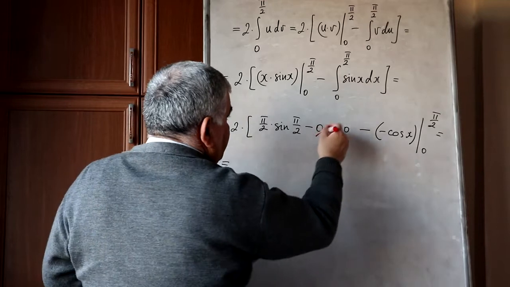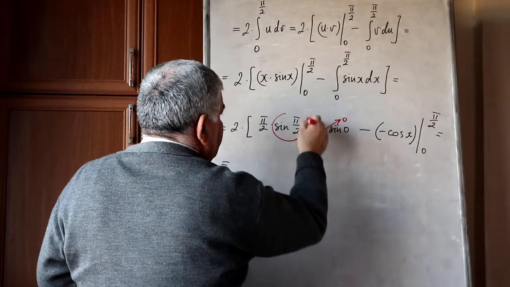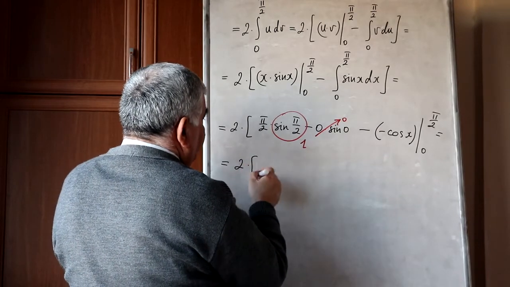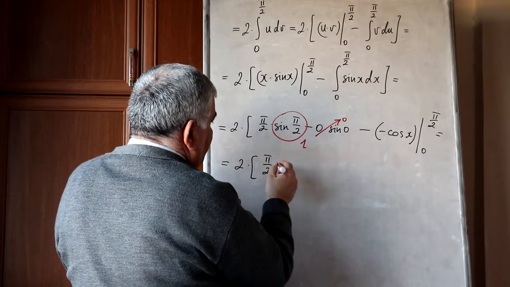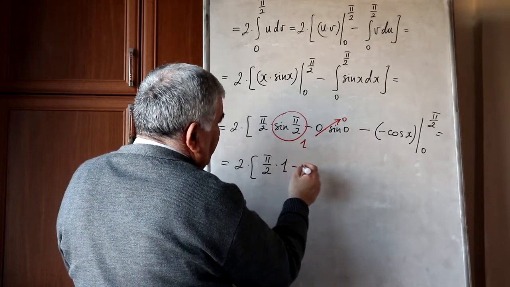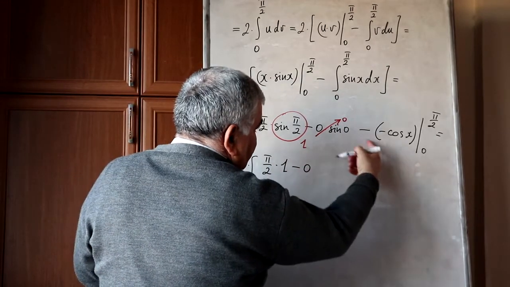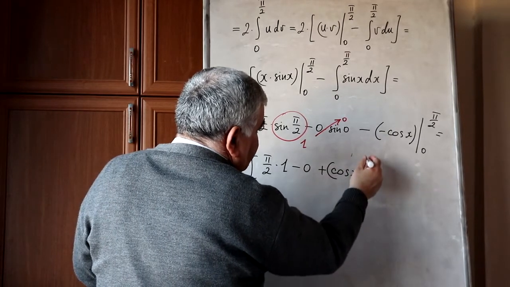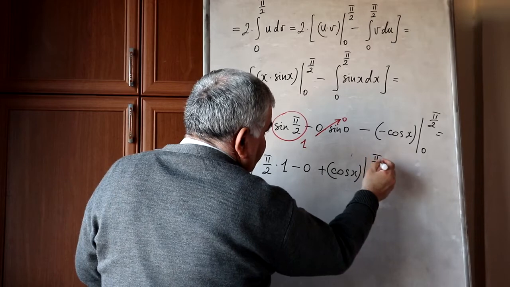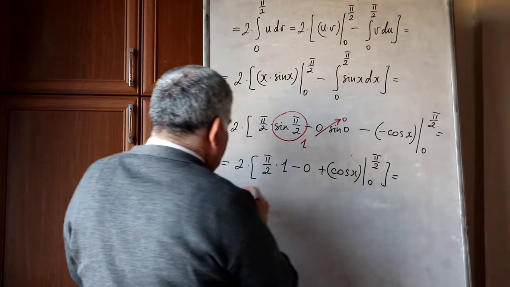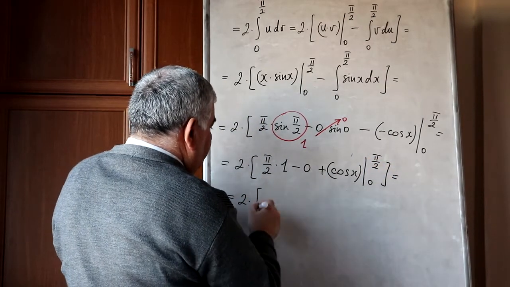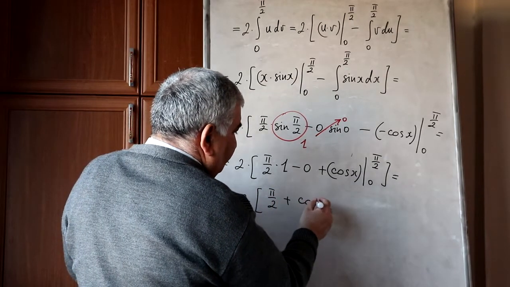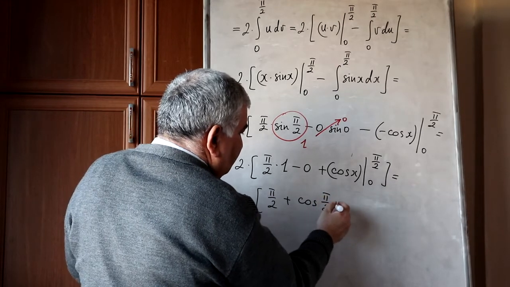it is 0 and it is unit: 2 multiplied by pi in half multiplied by unit minus 0. Here we can write plus cosine x with double substitution from 0 to pi in half. Continue. 2 multiplied by pi in half plus cosine of pi in half minus cosine of 0.